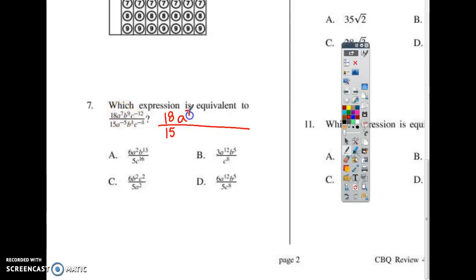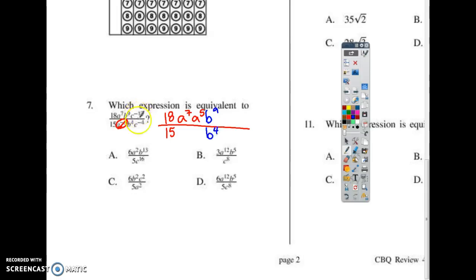Stays. A to the 7 on top. What about the a to the 5th? Negative 5. Change it to where? So I'm going to move this to the top. A to the positive 5. Okay, I cancel it because I already moved it. What about the b's? These two b's, do they stay or move? They stay. So b to the 9 stays on top, and b to the 4 stays on bottom.